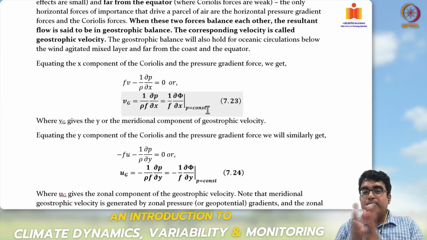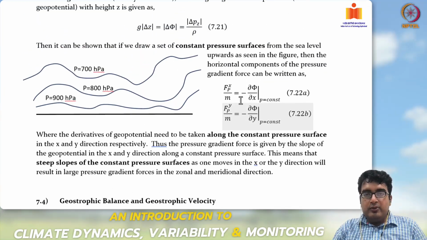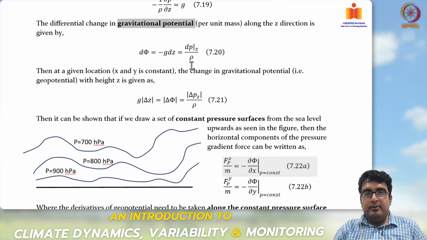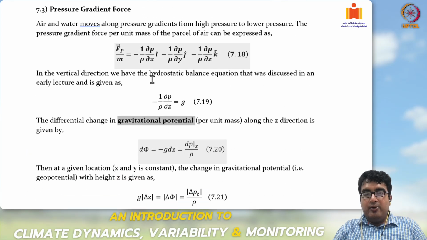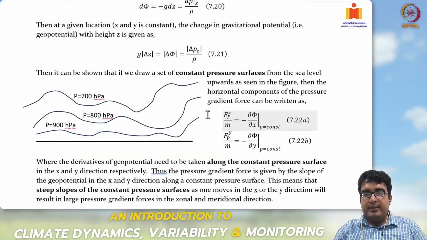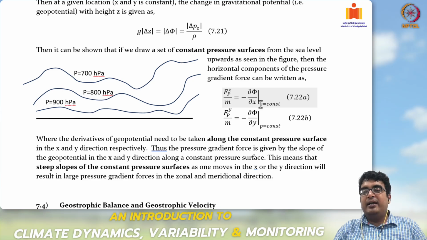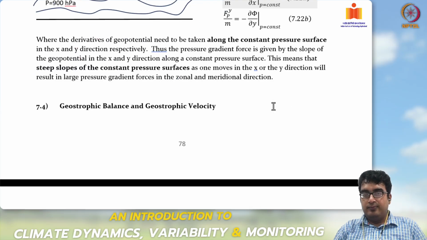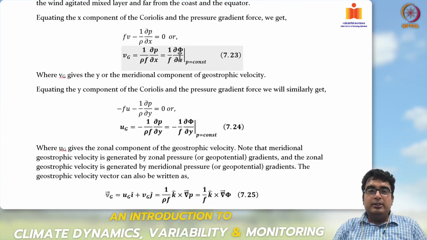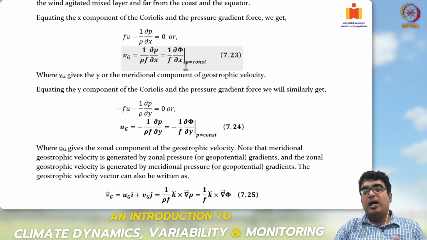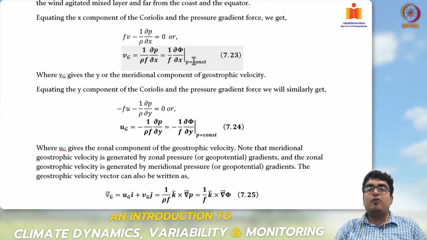So that is the most important part. Here we are replacing this 1 by rho del p del x with del phi del x where p equals constant. This is the change in the geopotential gradient in the zonal direction along an isopressure surface. This is the meridional component of the geostrophic velocity.